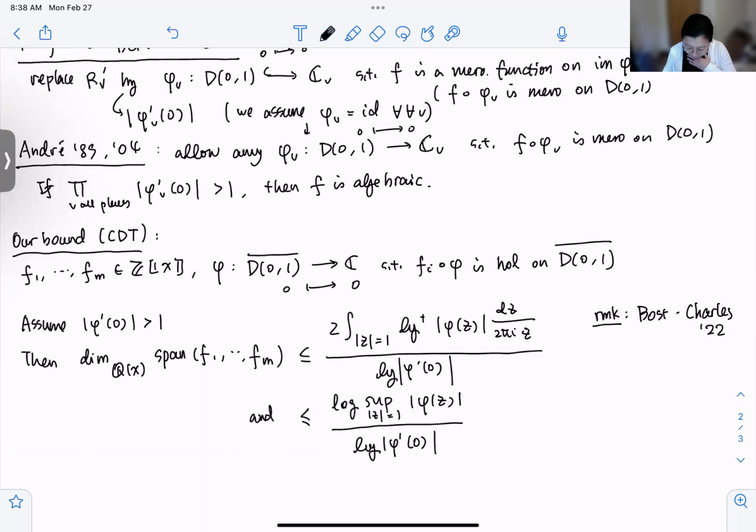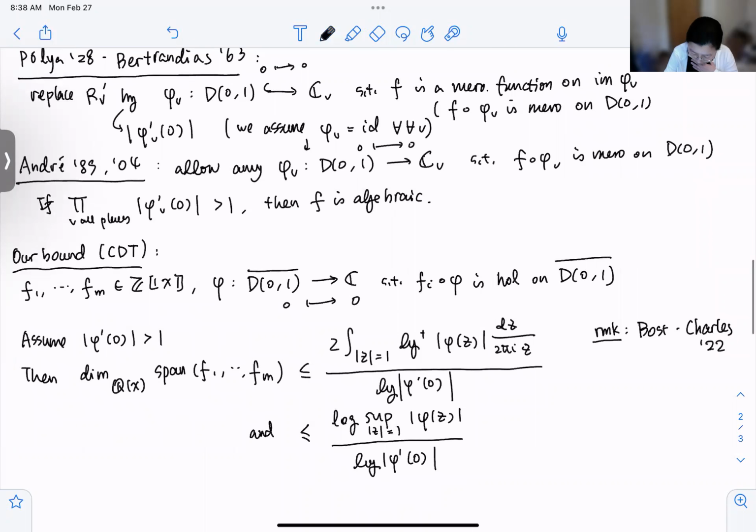In this particular case, they interpret everything in terms of certain arithmetic intersection numbers on a certain formal arithmetic surface, and give a more geometric interpretation of the bound, and they actually give a better bound than what we have so far.